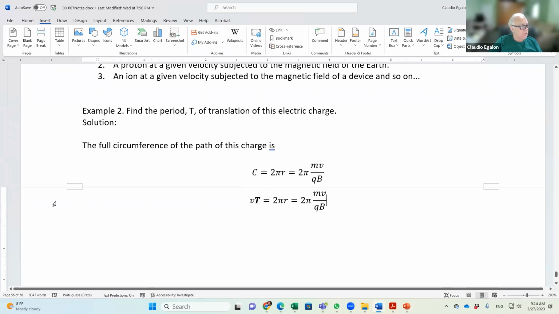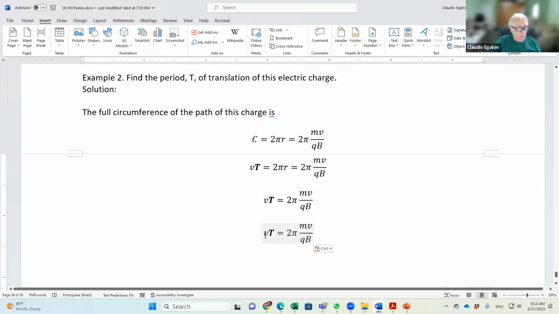That's the key to solve our problem, recognizing that vT is equal to 2 pi r. Then we can start simplifying our equation. v cancels with v. And look what we get: T equals 2 pi m over qB.